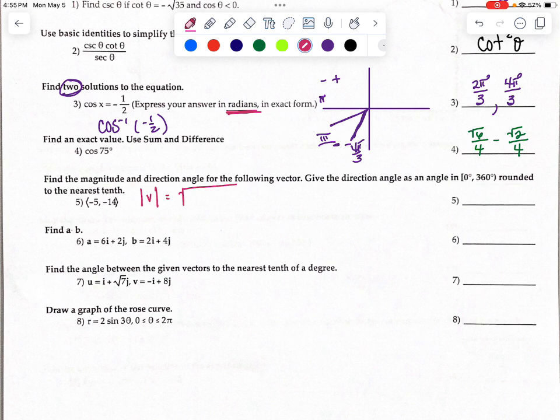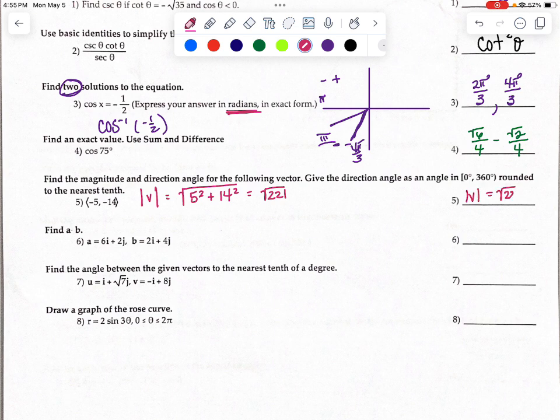So it's going to be the square root of -5 squared plus 14 squared. And again, as we discussed, please feel free to leave off those negatives. So 5 squared plus 14 squared is 221, which does not reduce nicely. So you are more than welcome to leave the solution as the square root of 221.